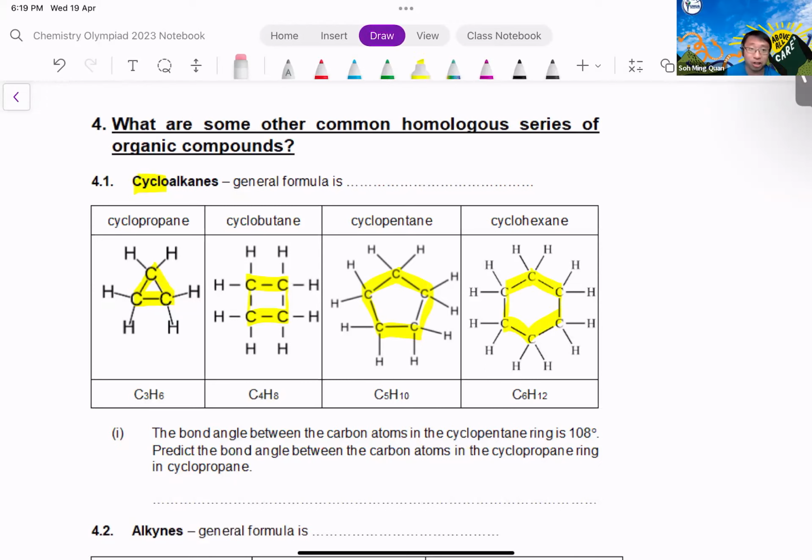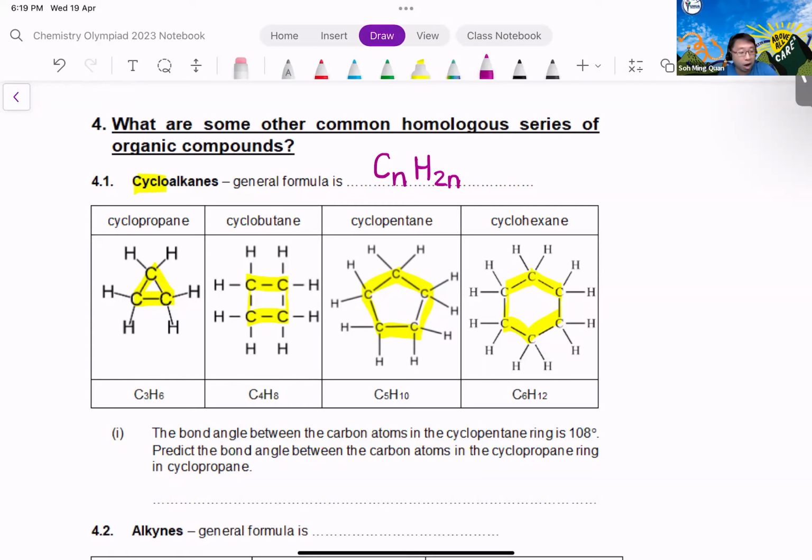Cyclobutane, C4H8. Cyclopentane, C5H10. Cyclohexane, C6H12. Quick mathematics will tell you the general formula must have n. So it's Cn. Then what is H? For cycloalkanes, you realize the hydrogen is double that of carbon. Double, 2n.